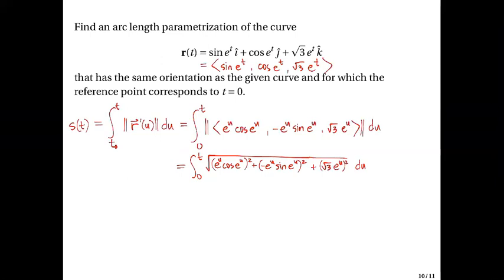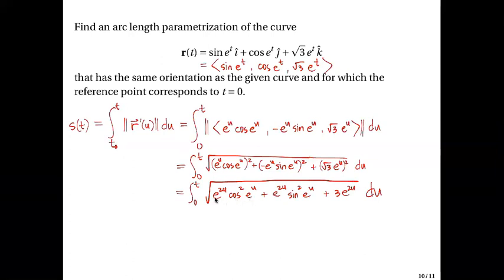And if we simplify this, we have e to the 2u cosine squared e to the u plus e to the 2u sine squared e to the u plus 3 e to the 2u. And of course, you get the square root of this and then the du.